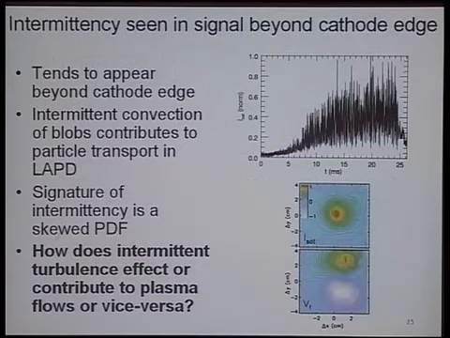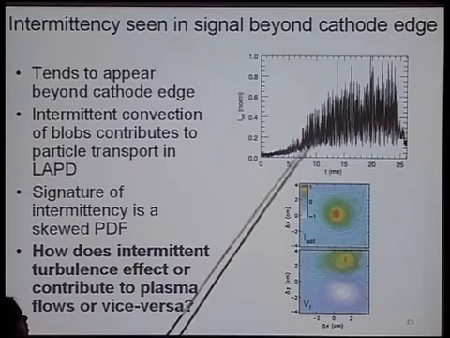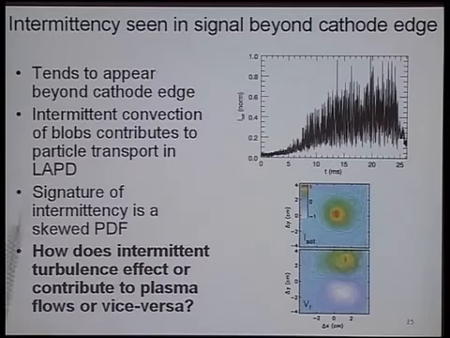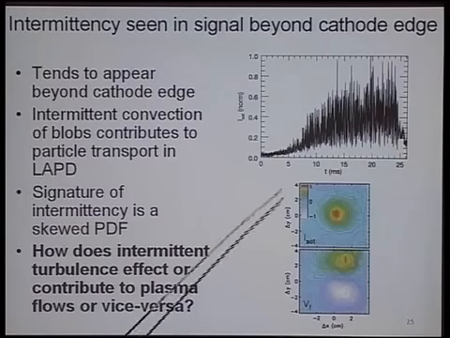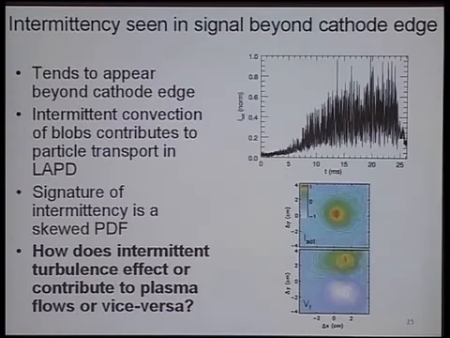So this is a sample of intermittency that's seen in LAPD. This is a time profile of fluctuations on the far edge of the plasma, and you can see these bursty intermittent signals.